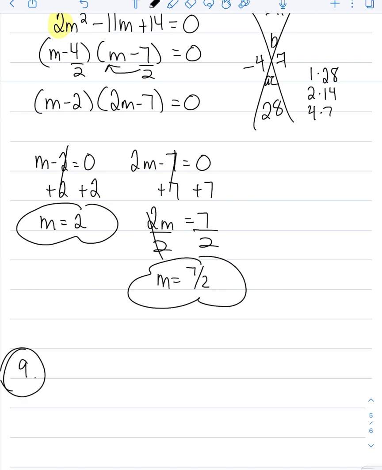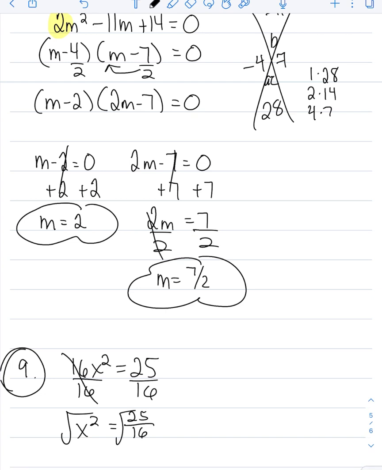Number 9, we have 16x squared equals 25. So first we want to set this equal to 0. So I'm going to subtract 25 from both sides. Actually, we can divide both sides by 16, and we get x squared equals 25 over 16.